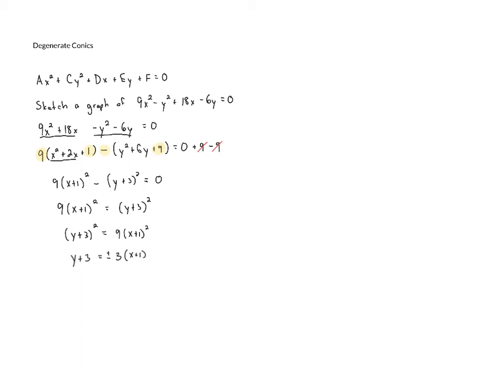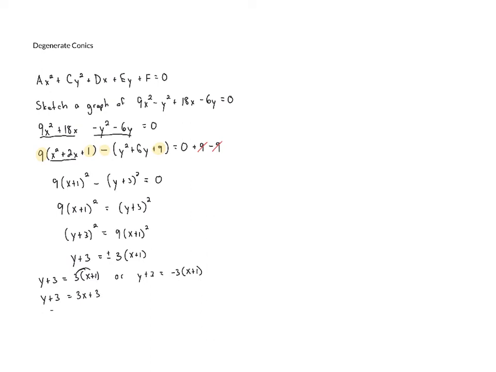Now we've got two equations, one with a plus and one with a minus. So let's look at these two separately. y plus 3 is equal to positive 3 times x plus 1, or y plus 3 is equal to negative 3 times x plus 1. If we distribute the 3 in the first equation, this gives us y plus 3 equals 3x plus 3.